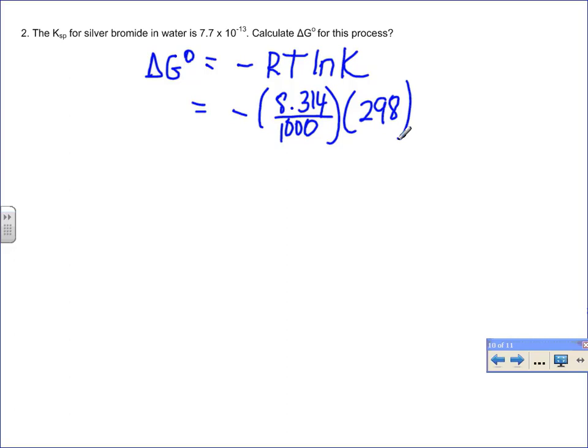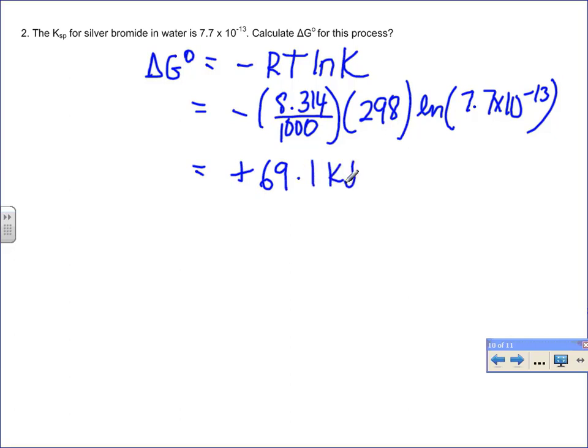We're talking about delta G naught, so that's the temperature of 298. And the equilibrium constant value is 7.7 times 10 to the negative 13. Okay, and we found a value of 69.1 kilojoules.